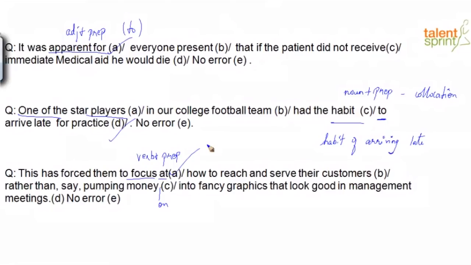So if you are able to recall or remember that usually when people speak or when you read something, these are pretty much the words that get associated with each other: apparent to, habit of doing something, you focus on something, right? So these are all collocations. When you're familiar with collocations, when you are looking at the sentence, you should have the ability to spot those.